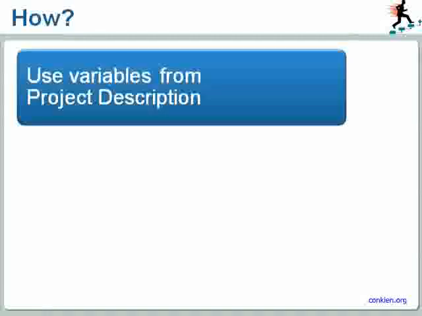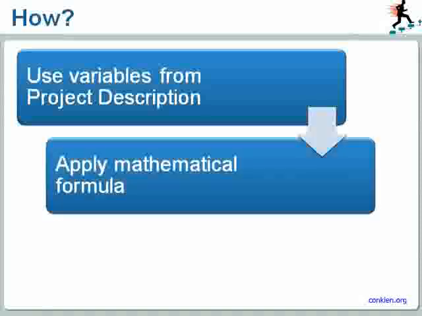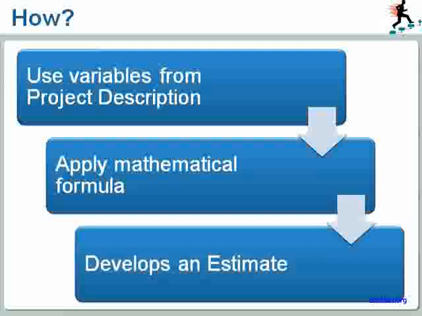Parametric modeling, parametric estimating, involves using variables from your project description. And then you apply these into a mathematical formula, and from this mathematical formula you can develop an estimate. It's as simple as that. For example, how long does it take to lay down 5 kilometers of railroad tracks?